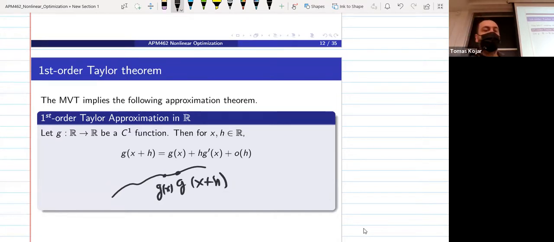It says that if you want to approximate g of x plus h, you can just use the line with the slope g prime of x.